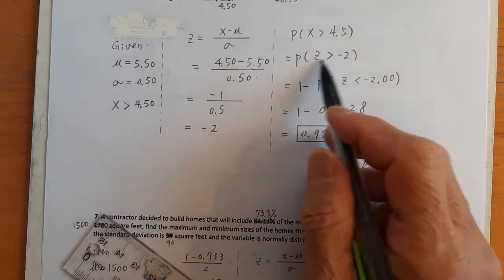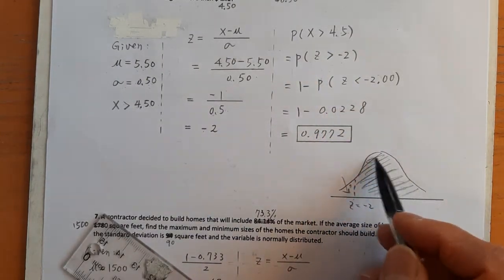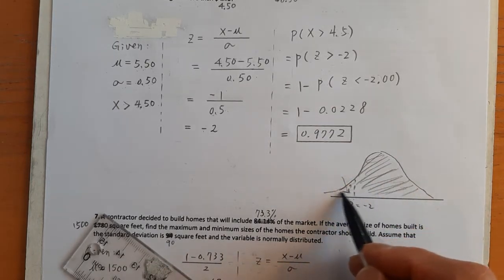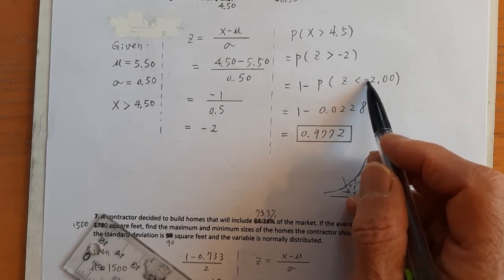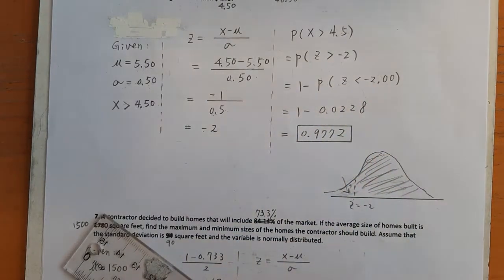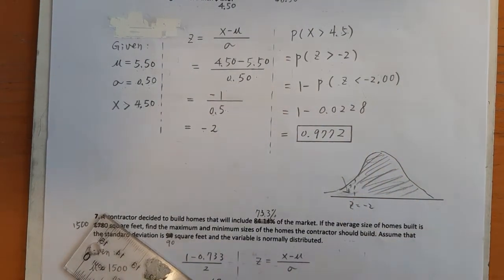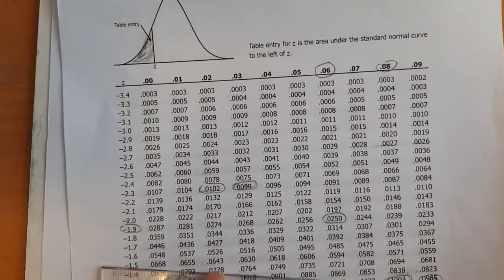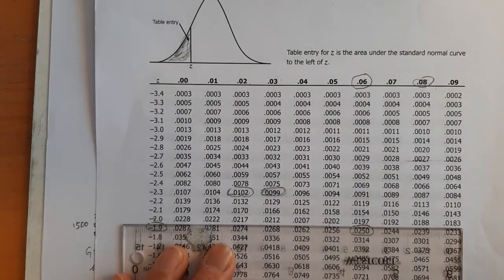So the probability of Z greater than negative 2 is this side. It's the same as the entire curve area, 1 minus this area. This area is the probability of Z less than negative 2, that is negative 2.00. So it's 1 minus the table value for Z less than negative 2.00.